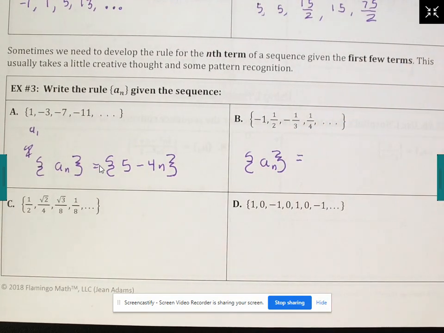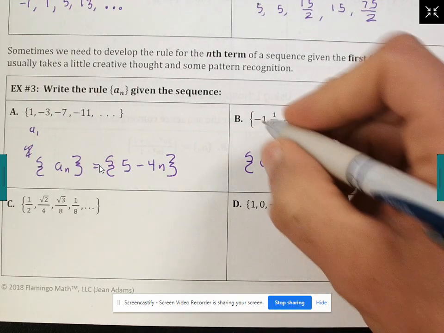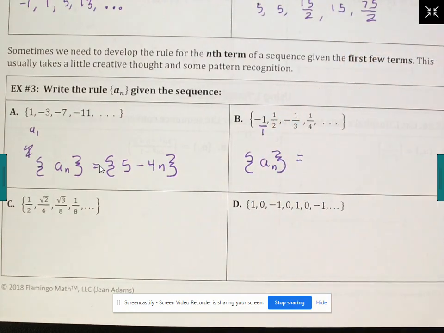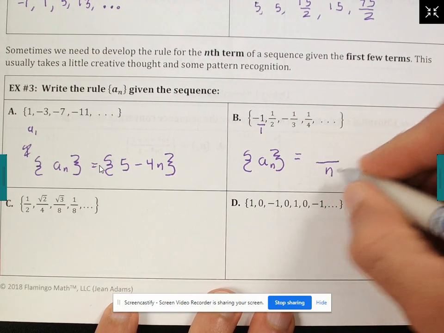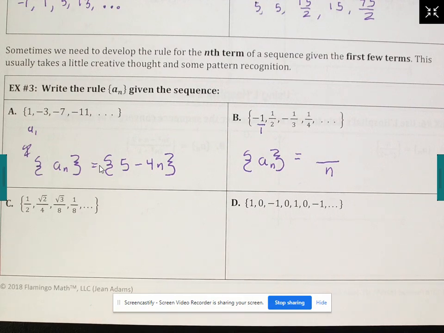What pattern do you see? The denominator is increasing, right? And as a matter of fact, we can even say that this one is 1, right? If we put -1 over 1, we have 1, 2, 3, 4, right? So could we say that this right here would be n? A1 is -1.